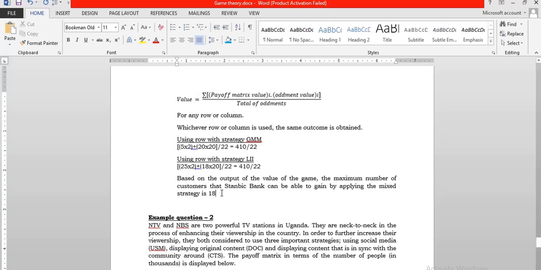That's the value of the game. Because now we are using the discrete value rather than 18.6, you can't say 19 because you can't have half a human being. So we shall say it is 18.